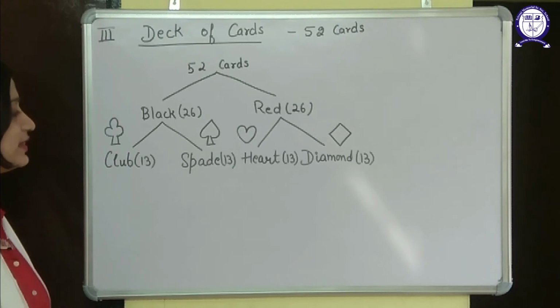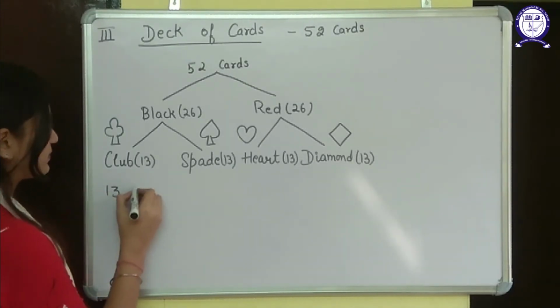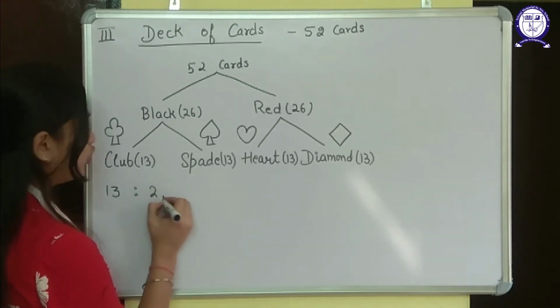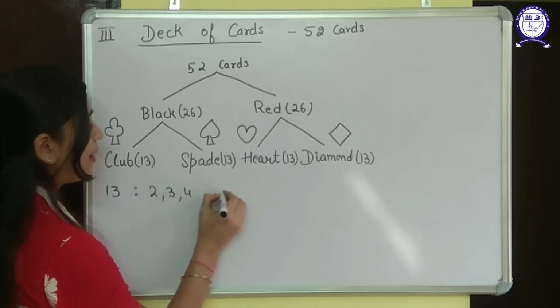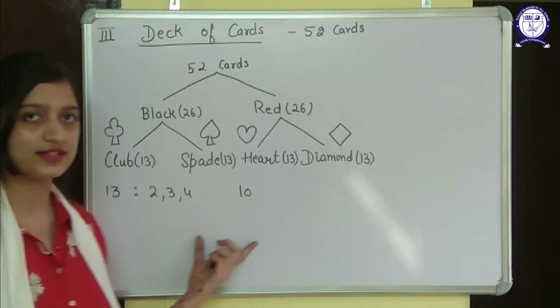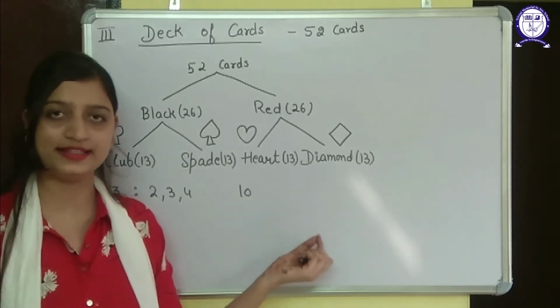Okay. Now what comes in this 13? These 13 cards are like this. 2, 3, 4 up to number 10, I have 9 cards like this, which have number 2, 3, 4, 5, 6, 7, 8, 9, 10.